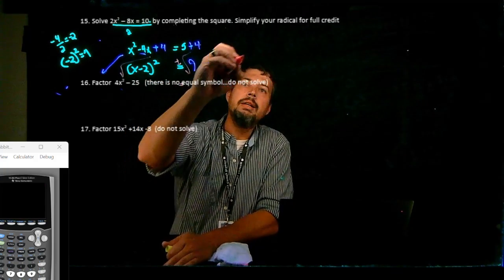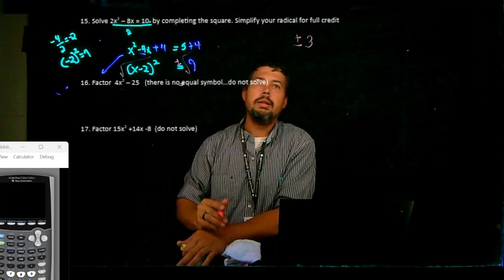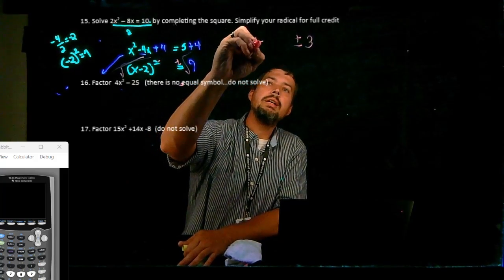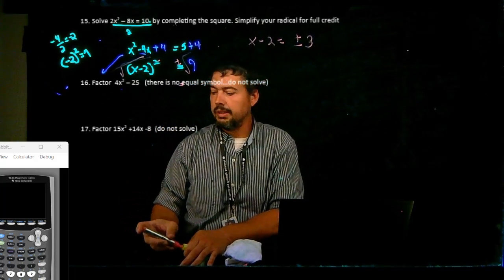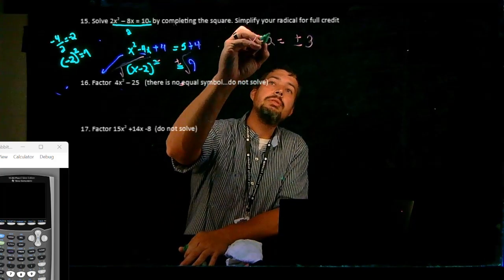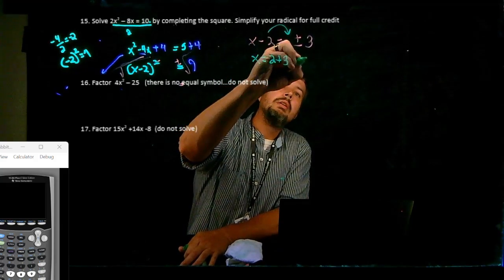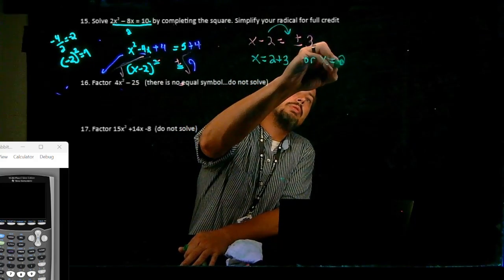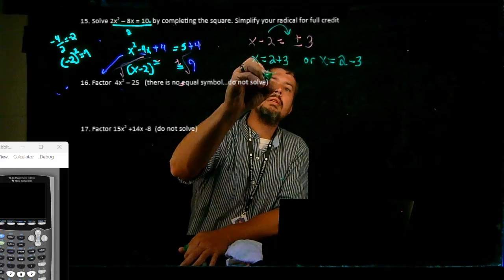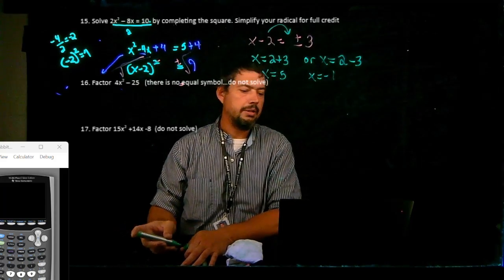The root of 9 is going to be plus or minus a 3. And if you take a square and you square root it, you get the contents inside. So x minus 2 equals plus or minus a 3. Add 2 to both sides and do a little arithmetic and you're done. X is 2 plus 3, or x is 2 minus 3. Now 2 plus 3 is a 5. 2 minus 3 is a negative 1, and those are your x values.